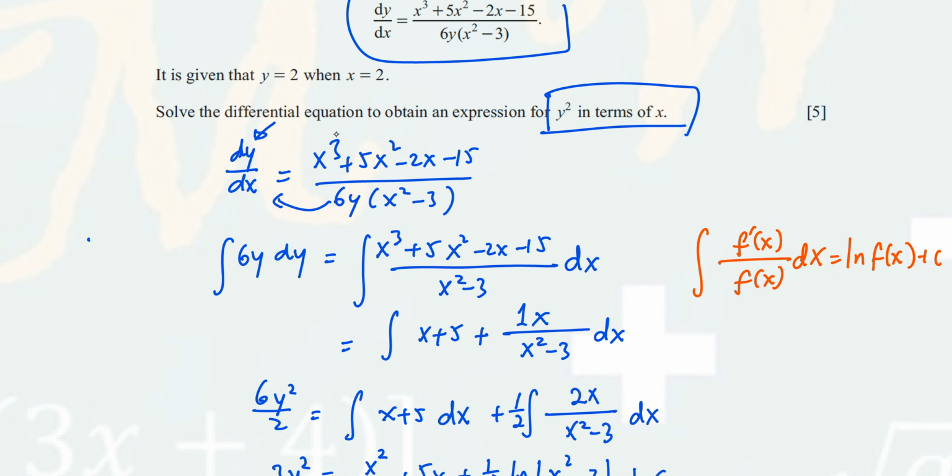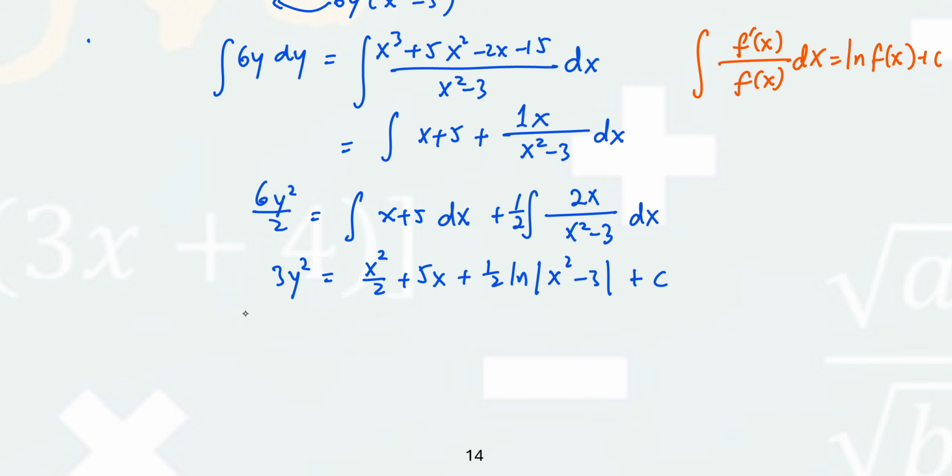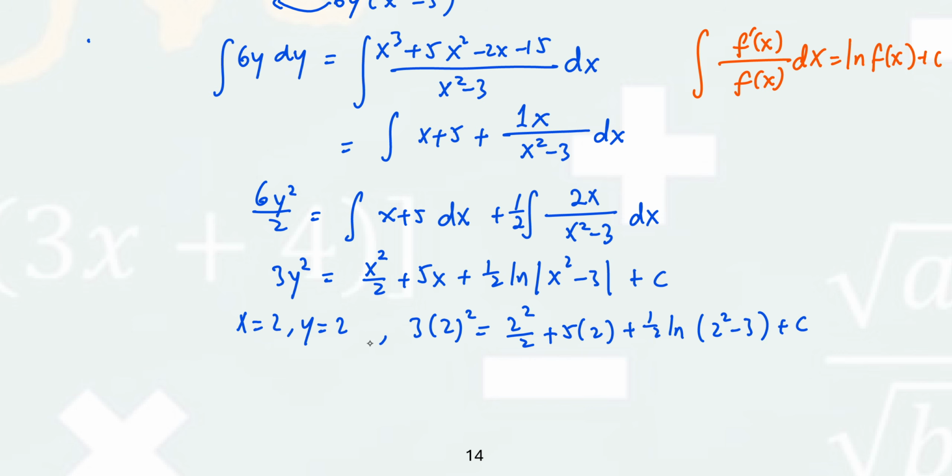Okay, and when you refer to the question where x is 2, y is 2, that means now we need to replace it to find the c value. So you will be getting 3 times 2 squared equals 2 squared over 2 plus 5 times 2 plus half ln of 2 squared minus 3 plus c.